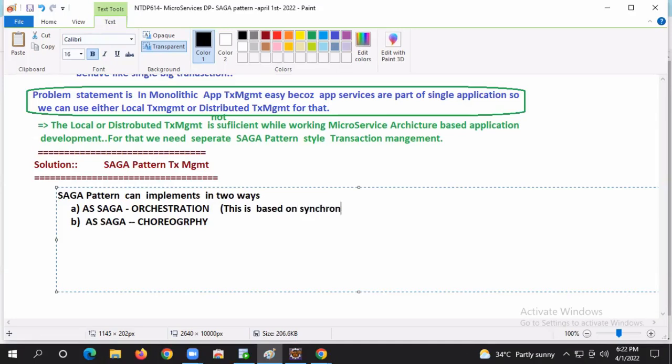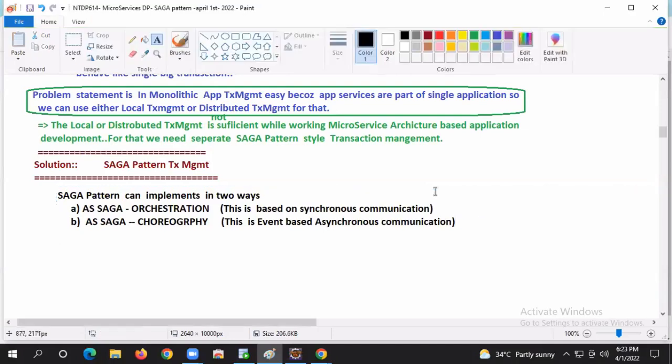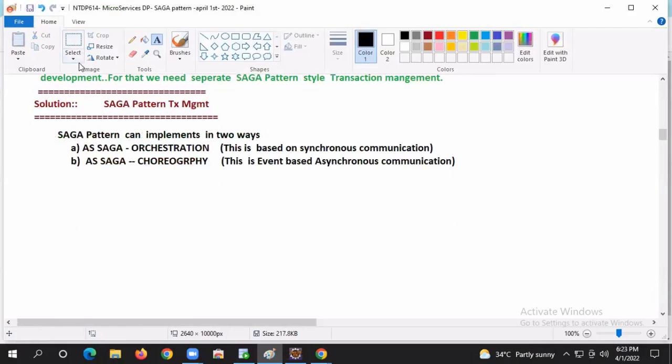The other one is event-based asynchronous communication. So shall we see, guys? SAGA orchestration.